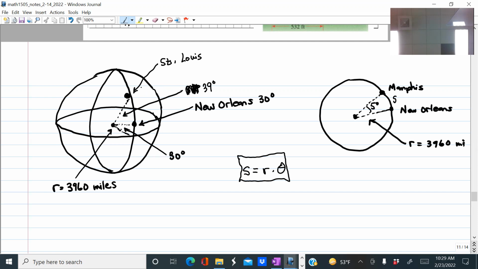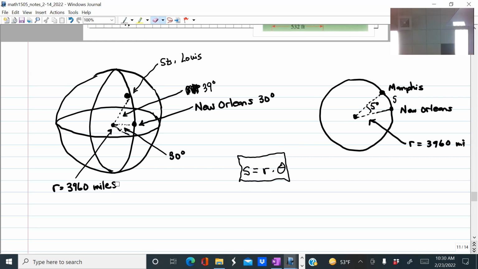And what we want to figure out is, what is this distance? So if you take that meridian and cut it as a cross section and lay it down flat, you're going to get a picture that looks like this, except the cities are slightly different.